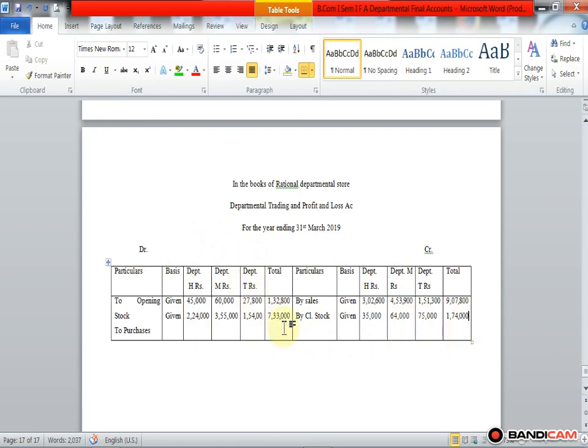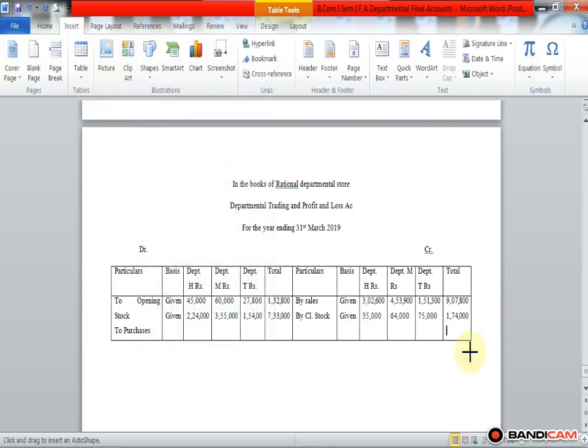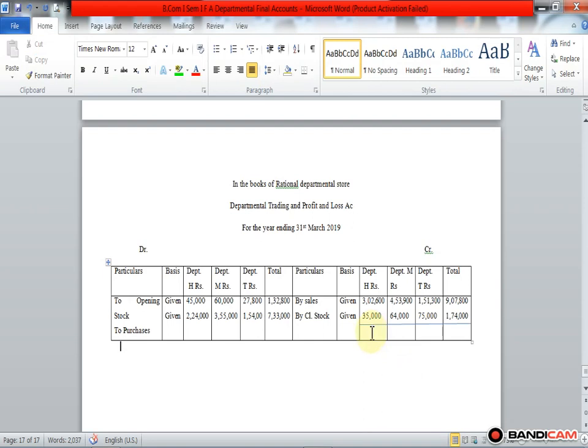So here credit side is more, that is 10,81,800. So we put the total into credit side. Make the total of these three departments and put this total on credit side and debit side of trading account.